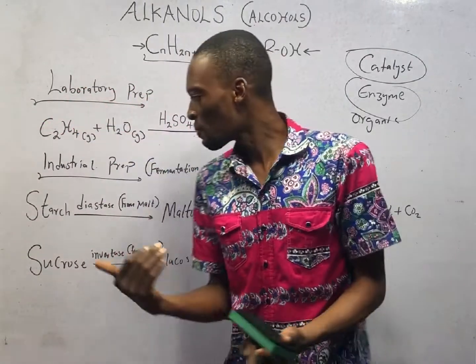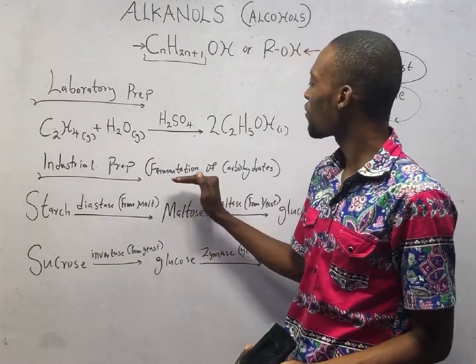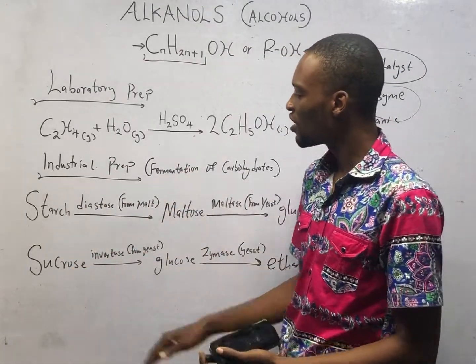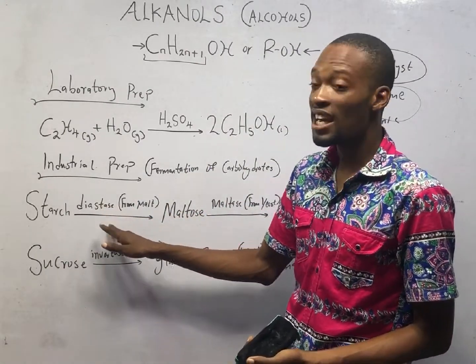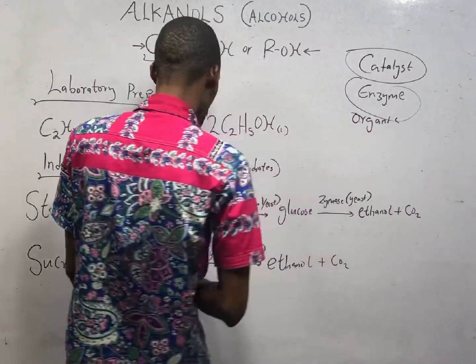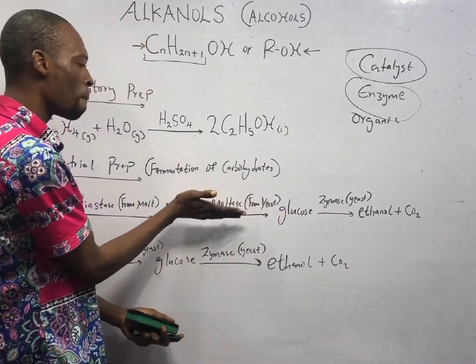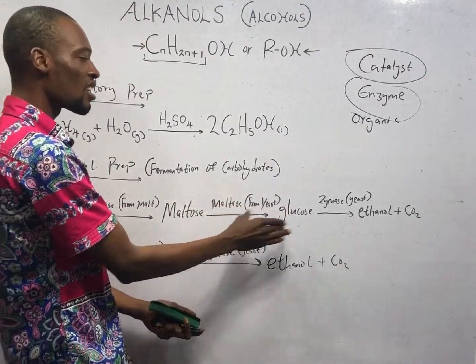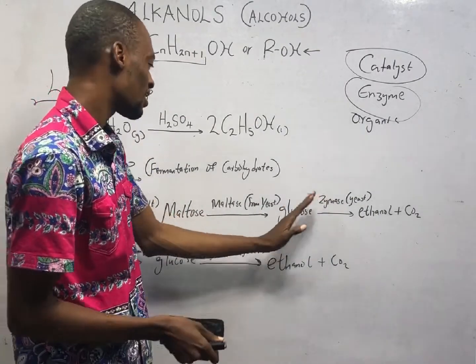Therefore, industrial preparation of alcohol is via fermentation of carbohydrate. So starch changes to maltose via the enzyme diastase, and diastase is from malt. From maltose to glucose, the enzyme maltase from yeast acts, and from glucose to ethanol and carbon(IV) oxide, zymase acts.